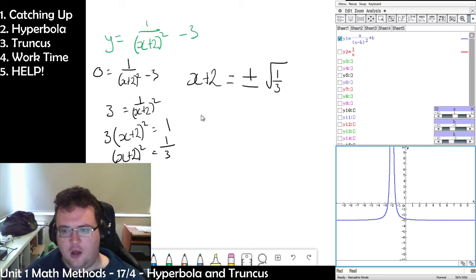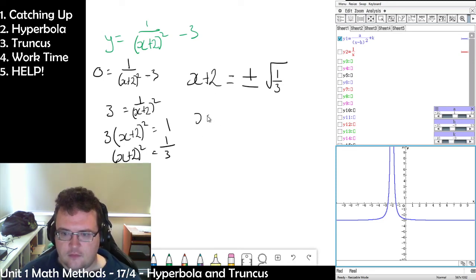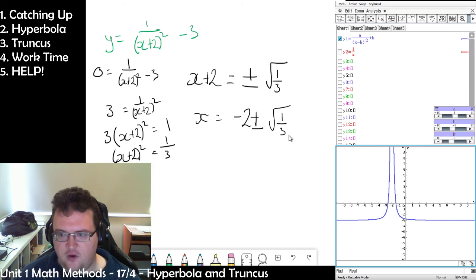And then I would solve from there by subtracting 2 from both sides. So my intercepts are going to be at x equals minus 2 plus minus the square root of a third.